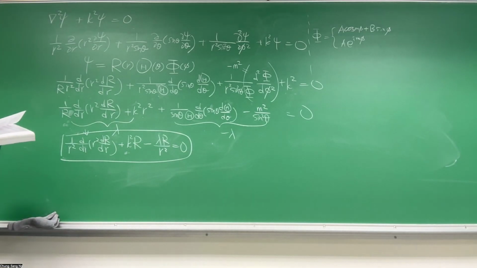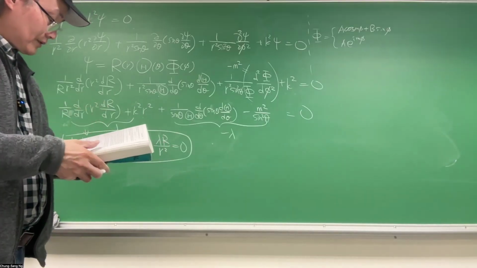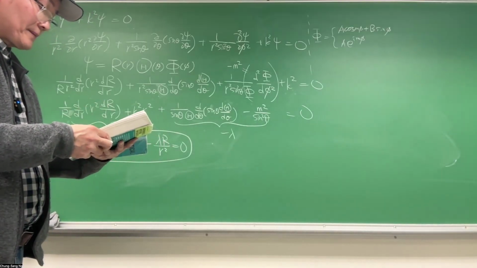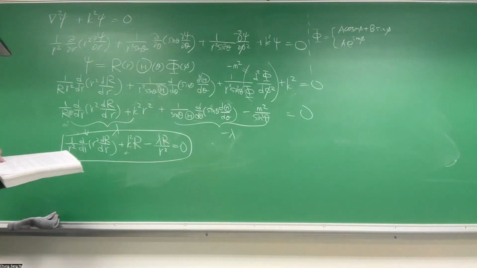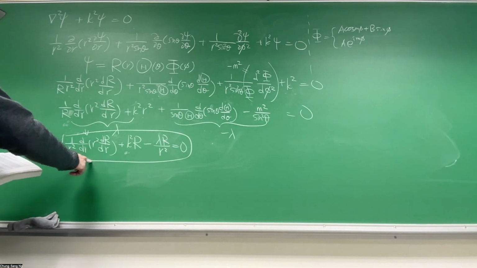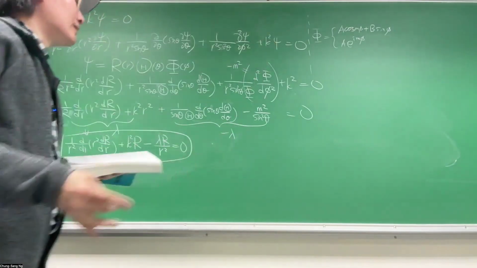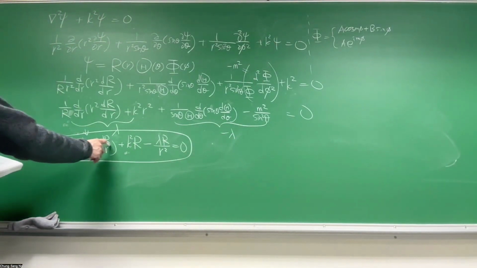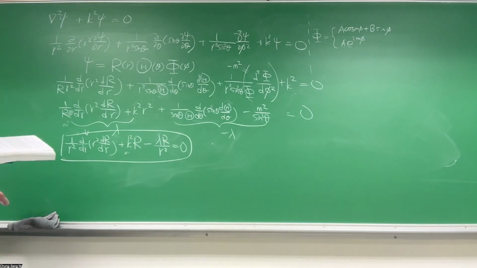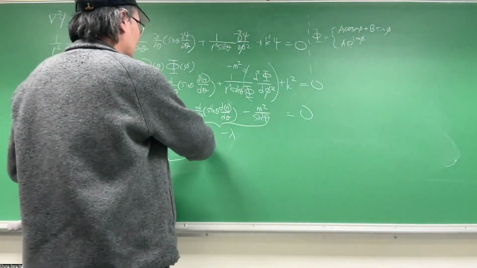If it is this one, with a positive k squared, then the solution is what we call the spherical Bessel function, which we will later cover. At least it needs a little transformation to transform that to the standard Bessel equation. But then the capital R is given by what we call the spherical Bessel function. But we don't have to consider that right now.